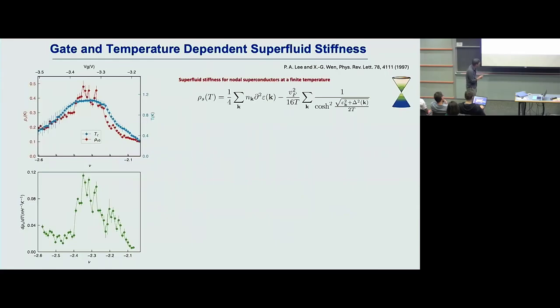This is the part coming from the zero temperature part, and the other is the temperature dependence part, which expresses how the quasi-particles are excited across the Bogoliubov dispersion relation we expect for this nodal superconductor. It's actually governed by vF over v delta. v delta is nothing but the speed of these Bogoliubov quasi-particles in these dispersions, right?